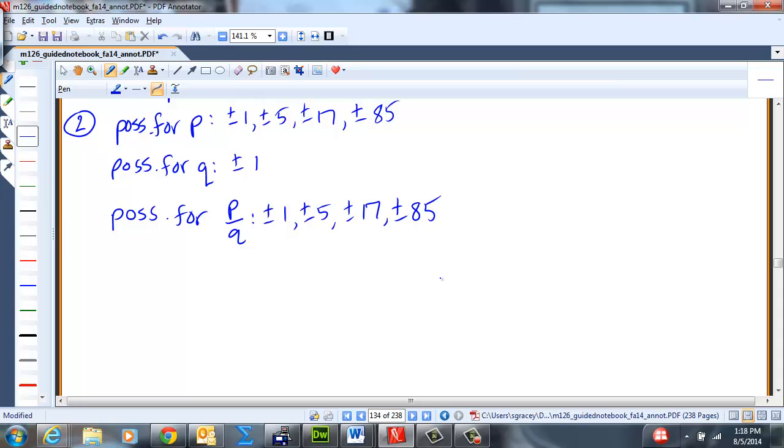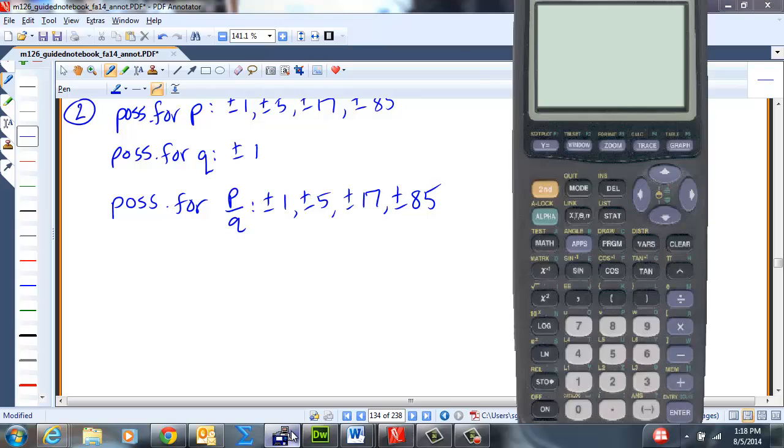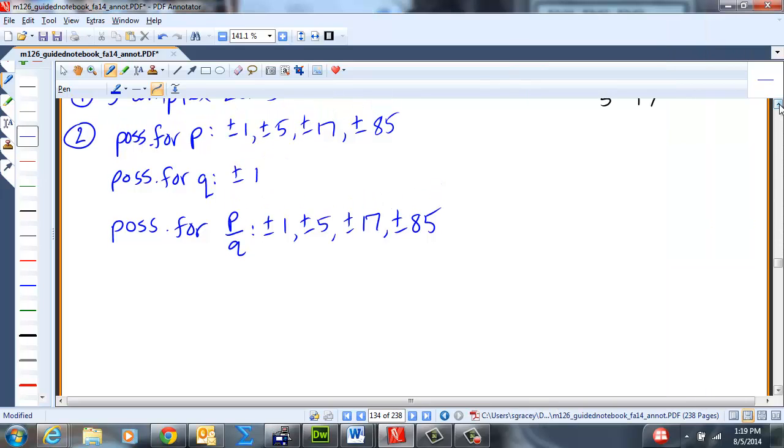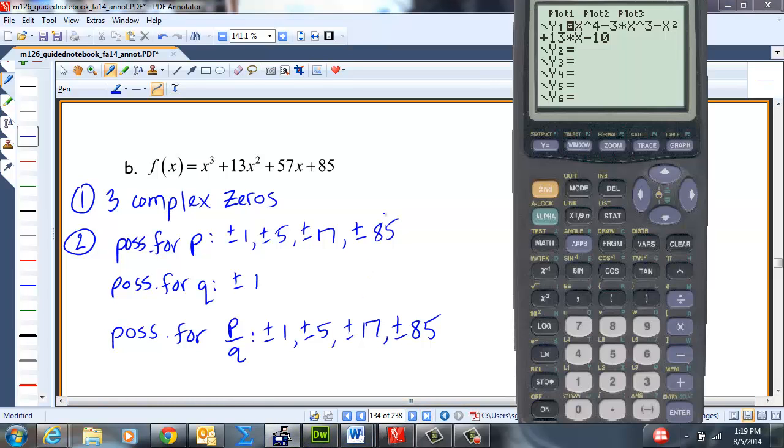Okay, so looking at the graph, what was our original?